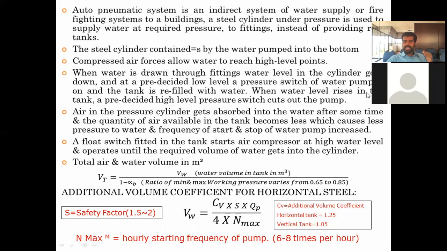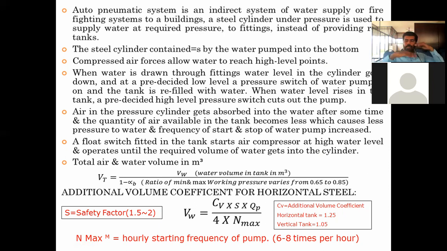When the water level rises in the tank, a pre-decided high-level pressure switch cuts off the pump. So when it reaches the pre-decided high level of pressure or water, it will cut off the working of the pump, or stop the pump, so that we can maintain the pressure between 4 bar and 6 bar.